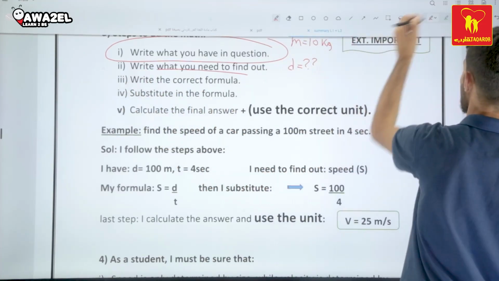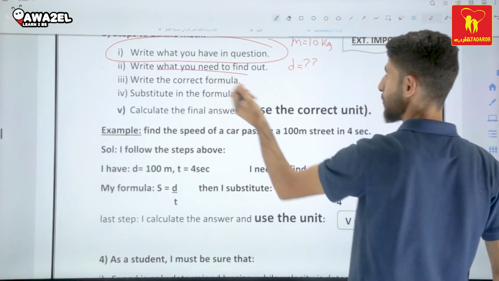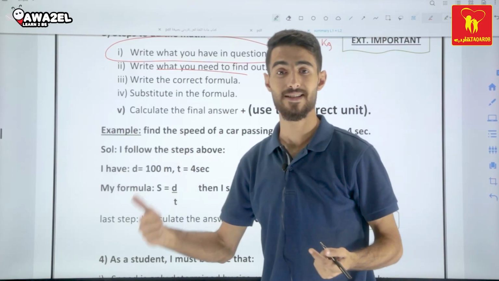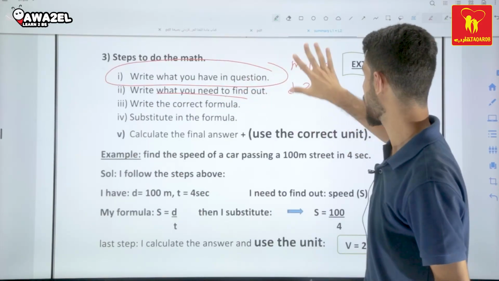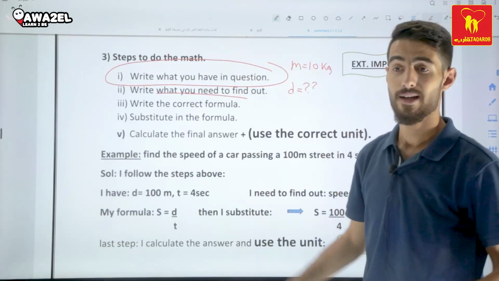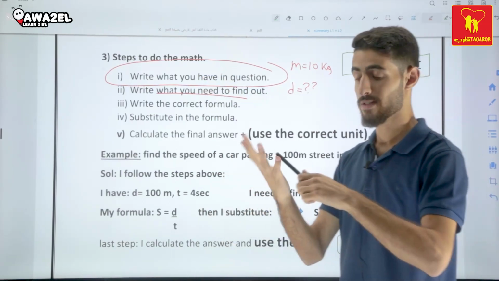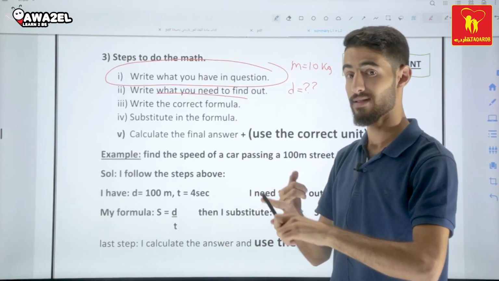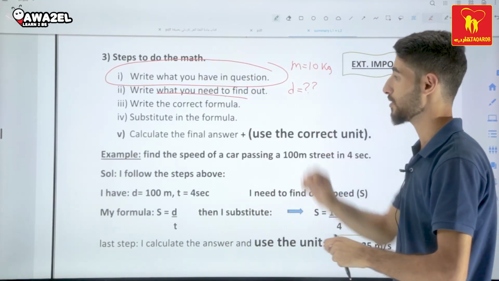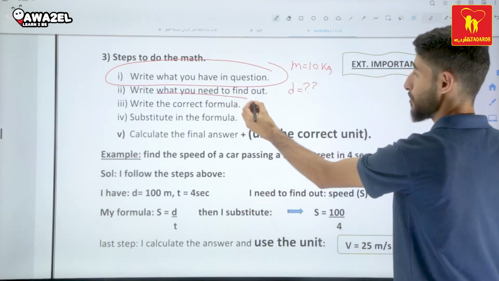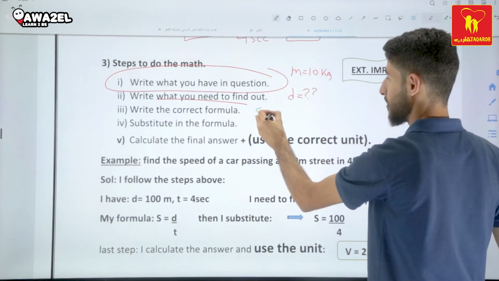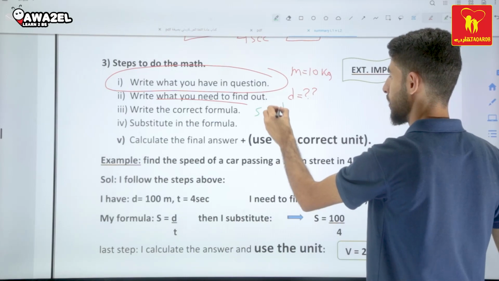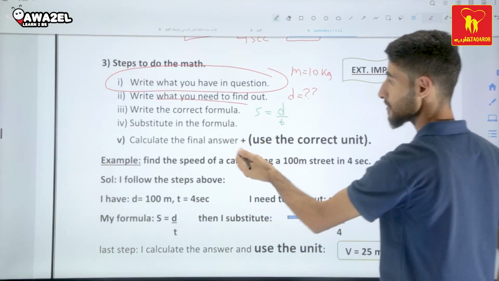Two: write the correct formula. The formula I want is based on what I have and what I want to find out. If the question gave me time, gave me distance, and asked me to find speed, then I will know that speed equals d over t.